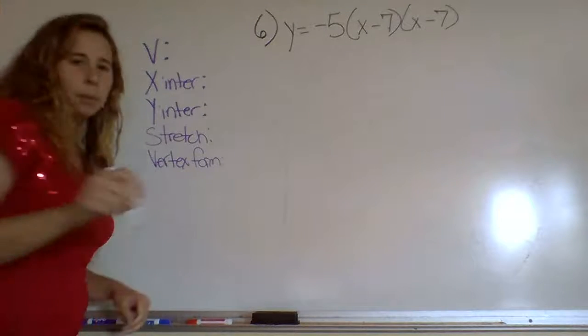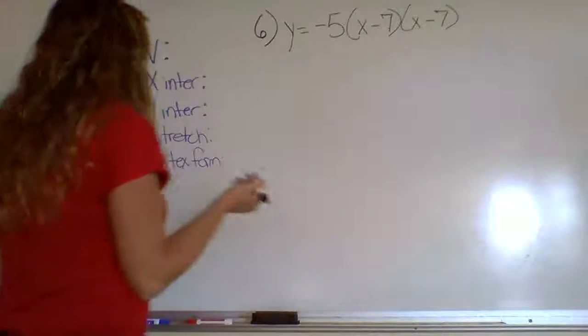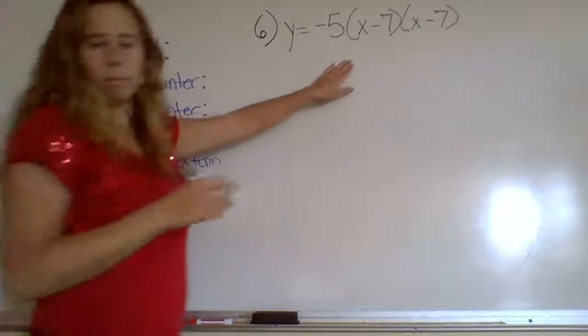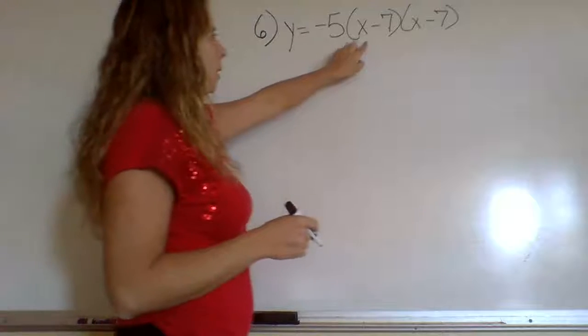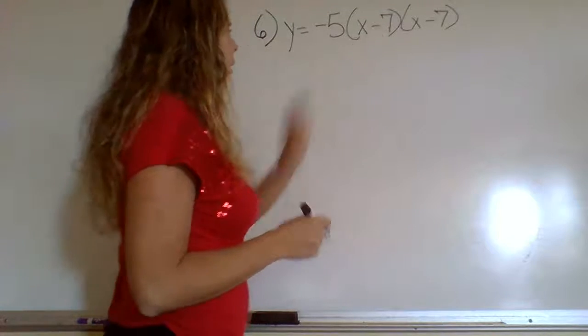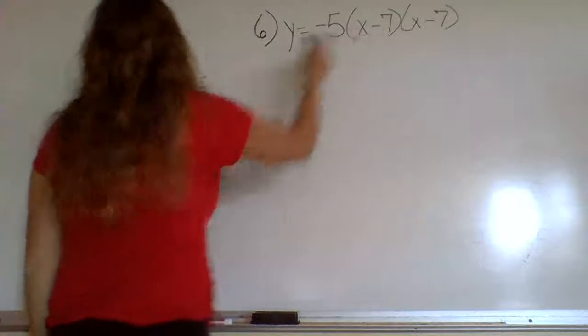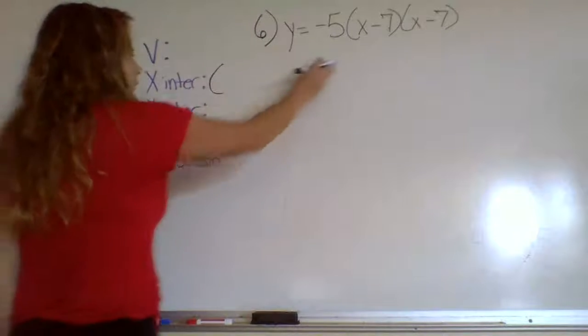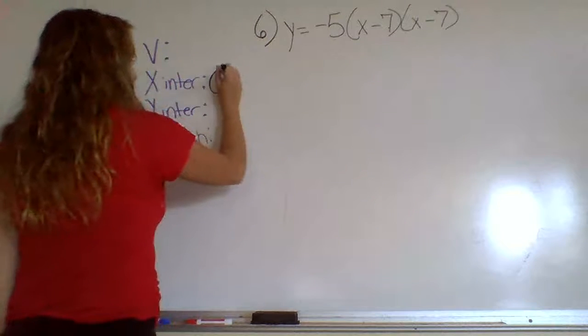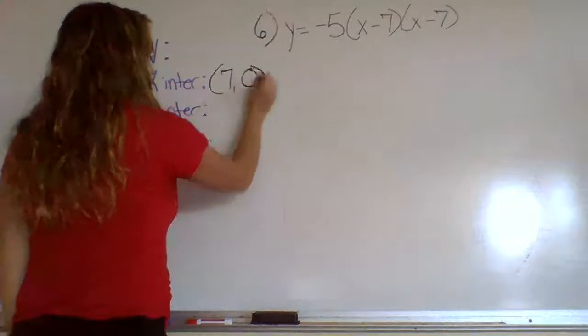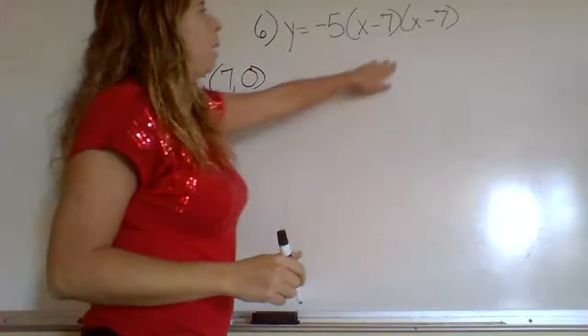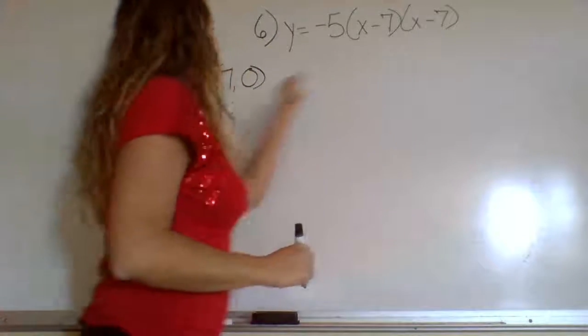Okay, I'm glad I'm doing this one. Okay, so your x-intercept is the opposite of what's inside. So instead of negative 7, it's going to be positive 7, 0. And the other one is the same thing. It would be positive 7, 0.